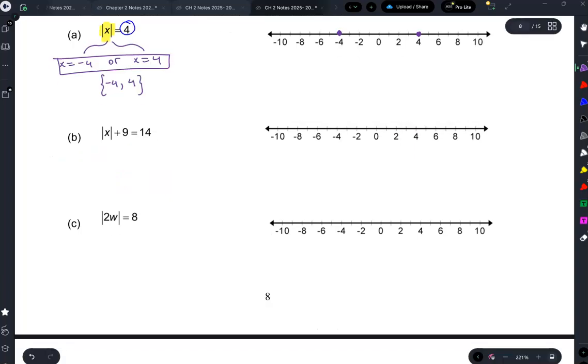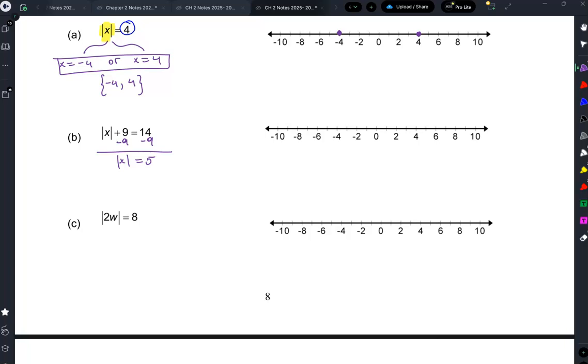Here, absolute value of x plus 9 is equal to 14. How am I going to isolate the absolute value? Subtract 9, and get the absolute value alone. So now I have absolute value of x equal to 5.